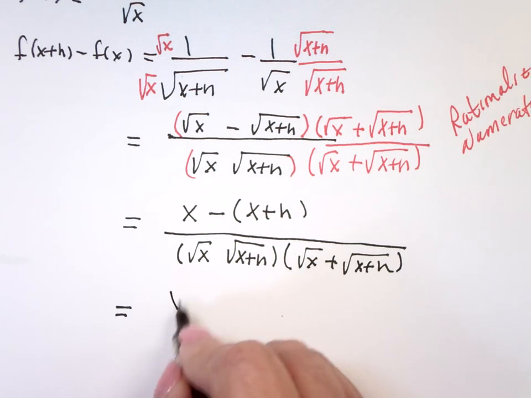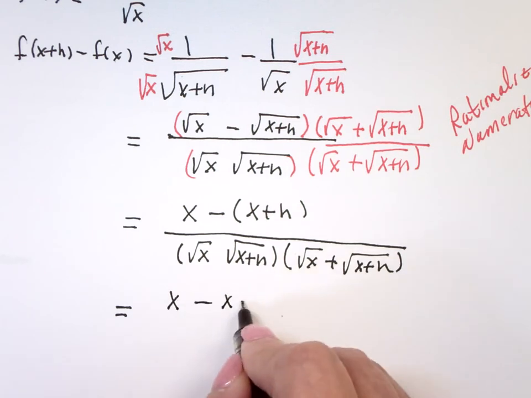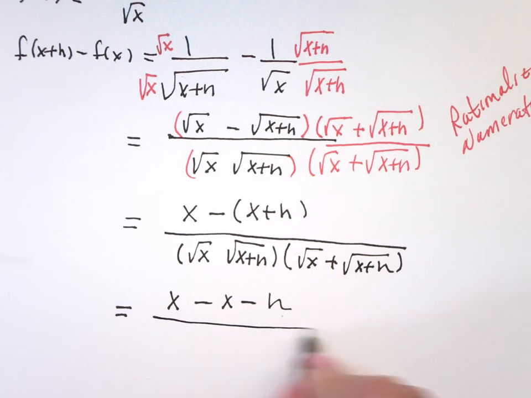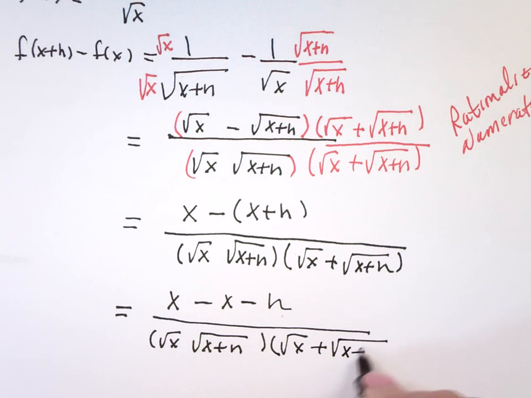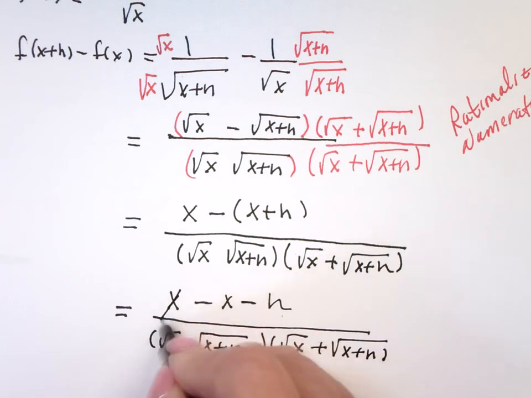This will be x minus x plus h over square root of x plus h times square root of x plus the square root of x plus h.